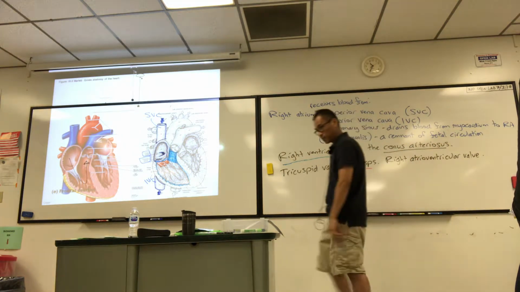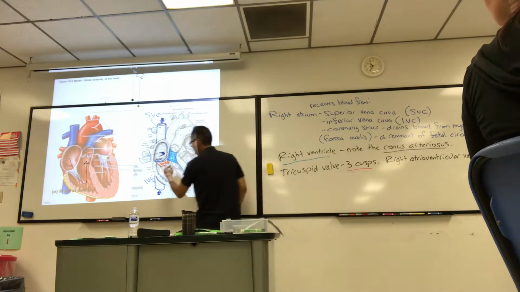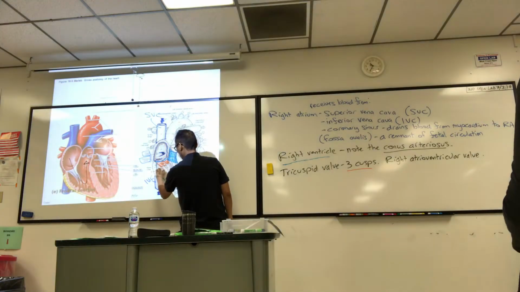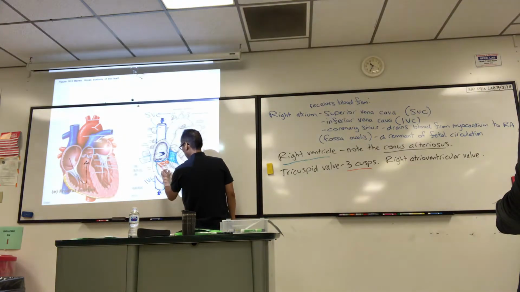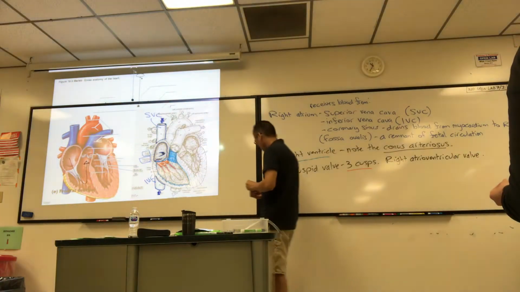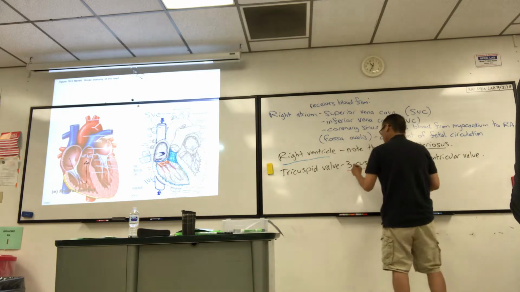What color should I use? I'm going to use this kind of purplish color. Chordae tendineae. So you got the cusp, you got the chordae tendineae.